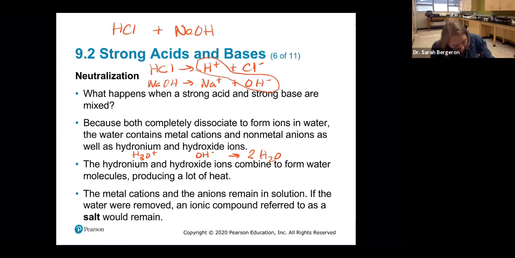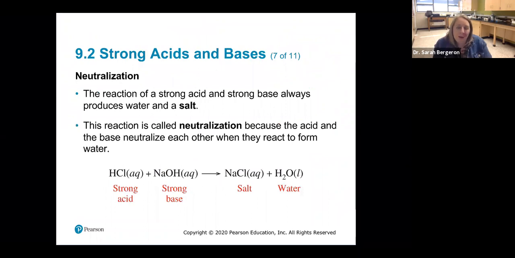I'm going to form water. And then what else am I going to form? Whoa, look at this. I'm going to form NaCl. What is NaCl? It's a salt. So any time you have a strong acid and a strong base put together, you're going to produce water and a salt.